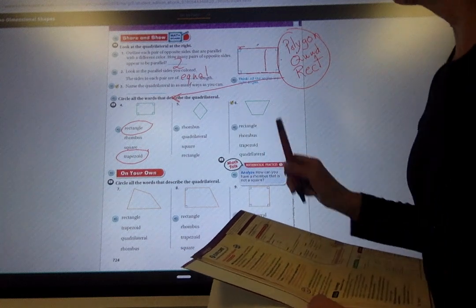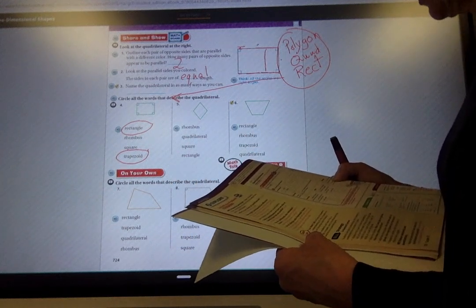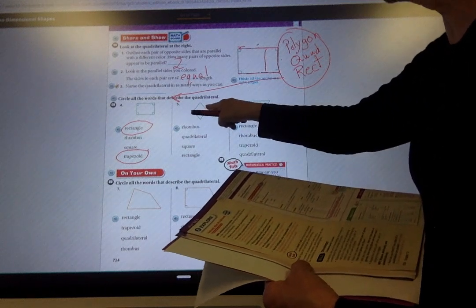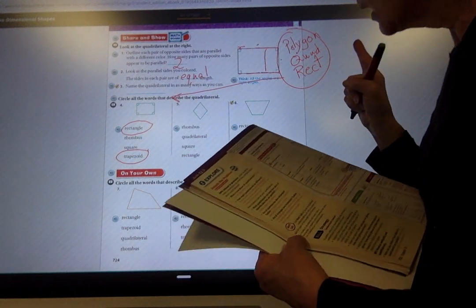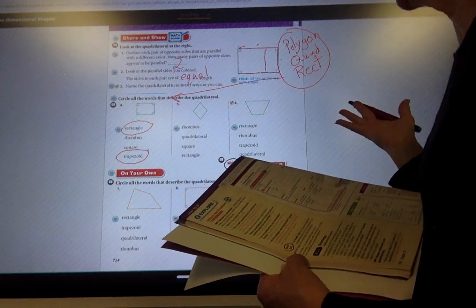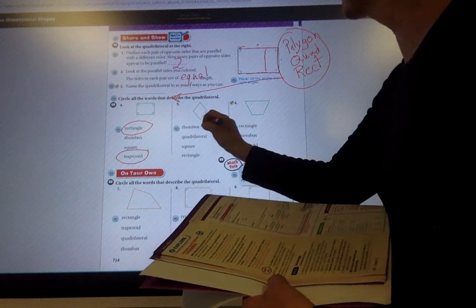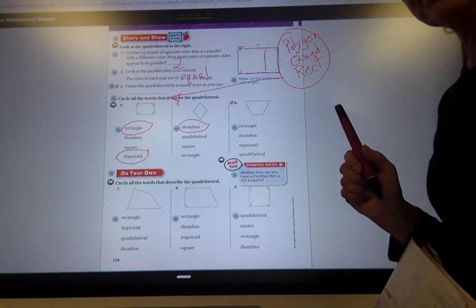Let's go on to this. Is it a rhombus? Well, let's see. Two pairs of opposite sides that are parallel. This is this, and this one is with this one. So yes, so far. And the lengths could be the same. They don't have to be, but they could be. So yes, this is a rhombus. Is it a quadrilateral?